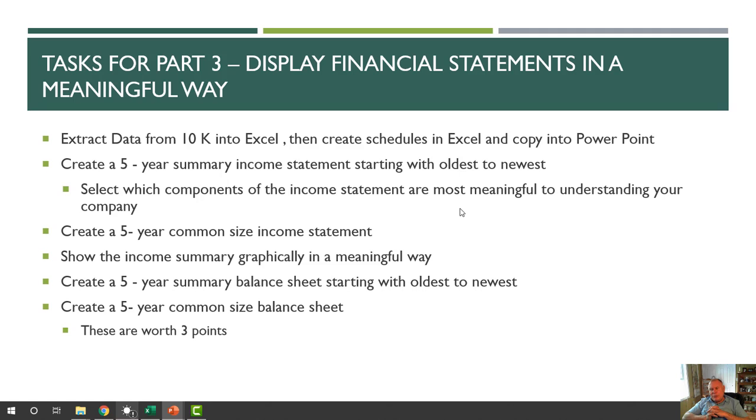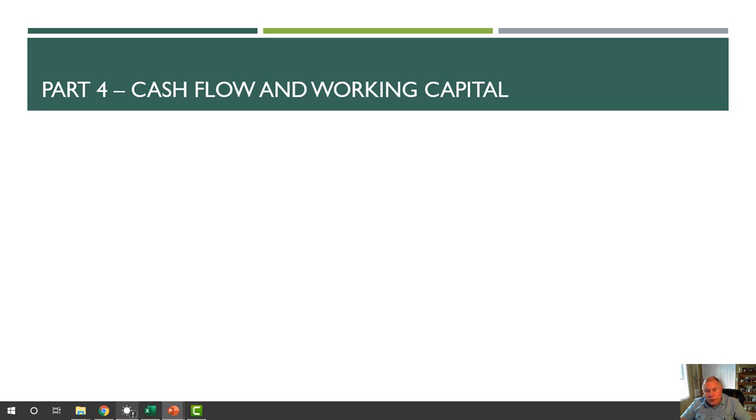Create a 5-year summary balance sheet starting with oldest to newest, and create a 5-year common size balance sheet. That's worth 3 points. So: extract into Excel, create schedules, common size income statement, show it graphically, summary balance sheet oldest to newest, common size, worth 3 points.